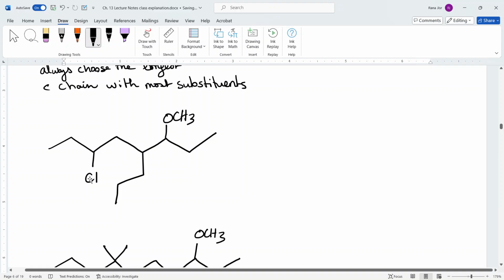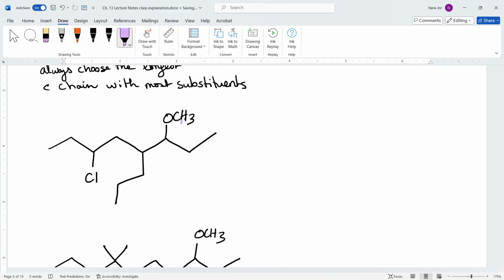So let's have another example. Now, in this example, I have a longer carbon chain. Here, always name it as IUPAC, and make sure that your ending is alkane, since I have the OCH3 and the chlorine. The OCH3 is going to be my substituent.